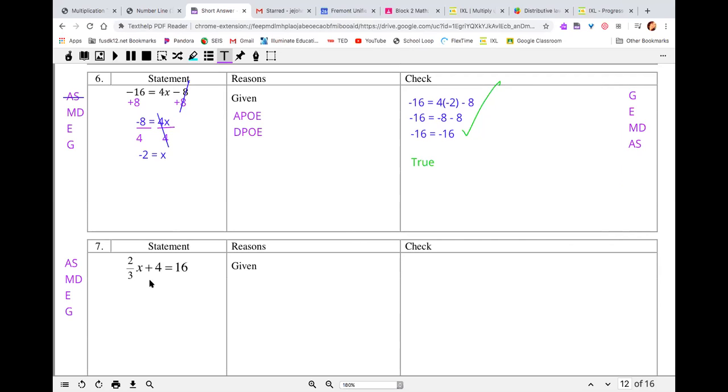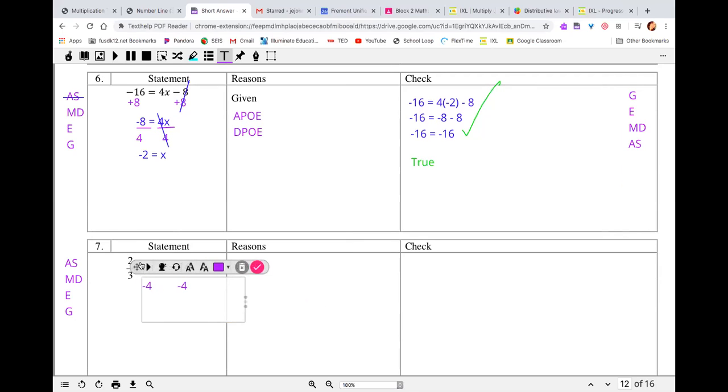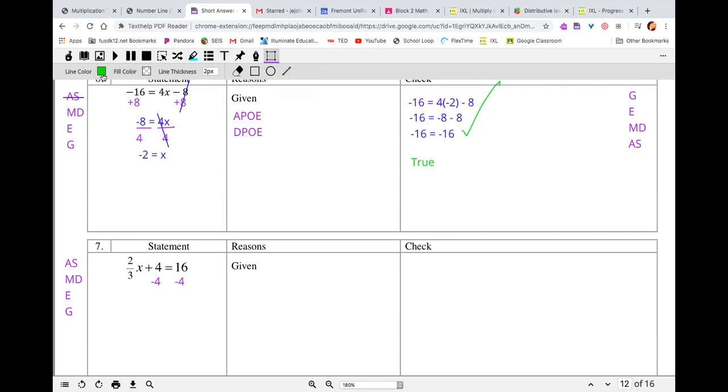-4 on both sides. Okay, I'm going to subtract 4 on both sides. I start with addition. It said add, so I'm doing the opposite. I'm doing the inverse operation over here. 4, 4. Up here. All right. So now this one cancels out.